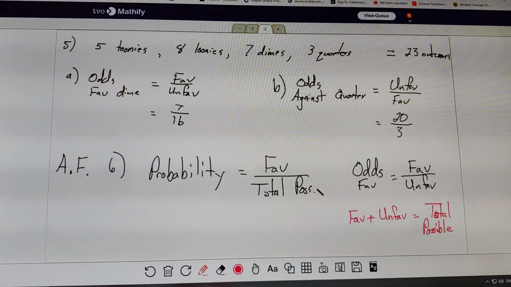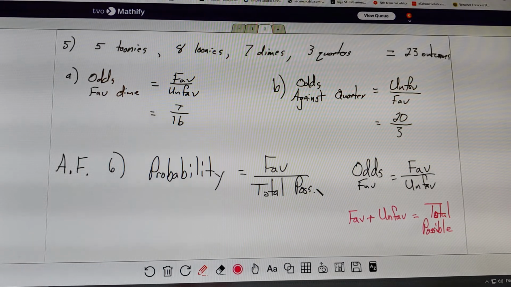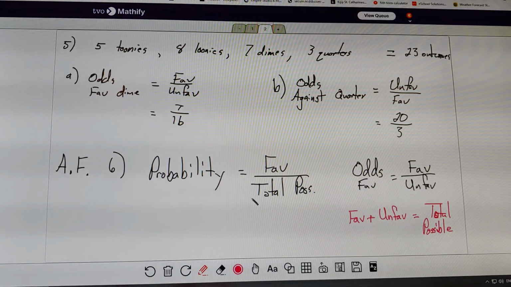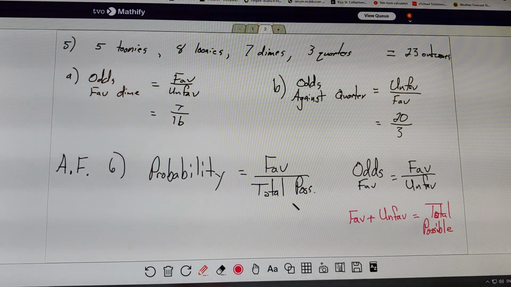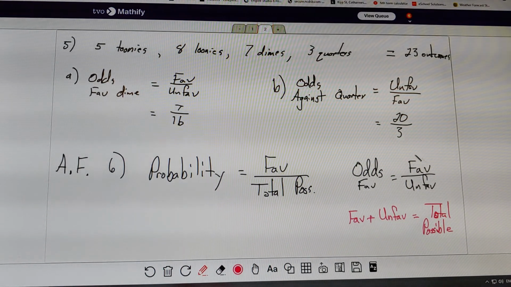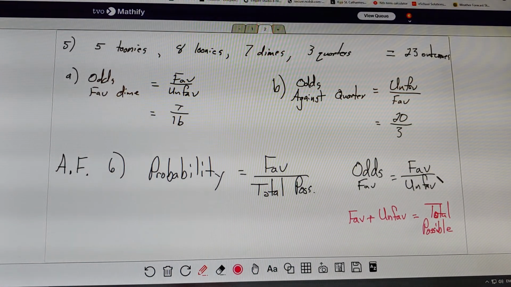She did say the probability that David will be first in the 50-meter backstroke is 25%. So make this a fraction that will come out to 25%, and then convert that fraction into odds. Hopefully that helps you out if you were a little bit stuck on that one.